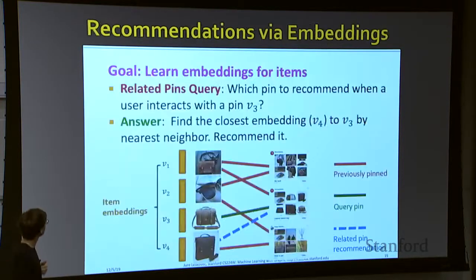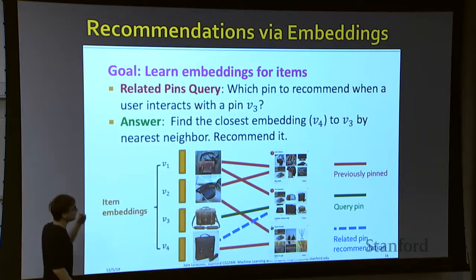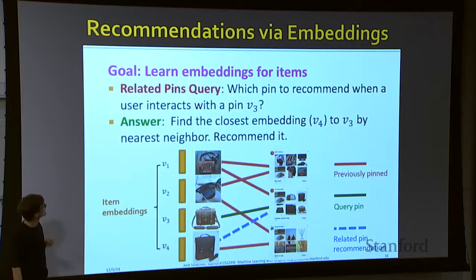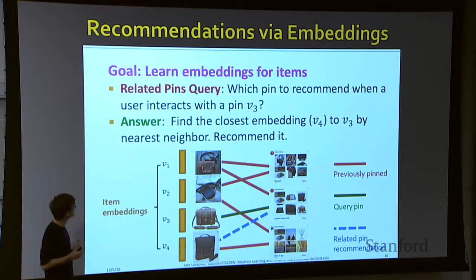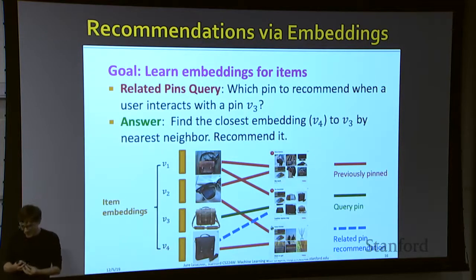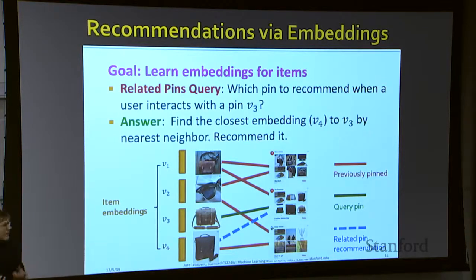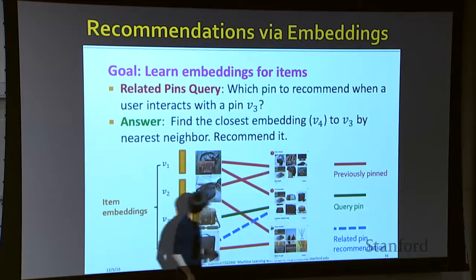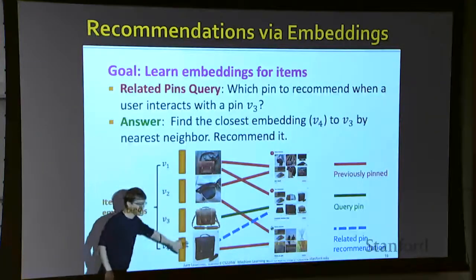The other important thing is that our goal will be to learn embeddings of items, of pins. The way we will use these embeddings is that, for a given pin, we want to ask what other pins are most similar to it. So if I have my pins and the boards they belong to, I will learn an embedding for every pin.